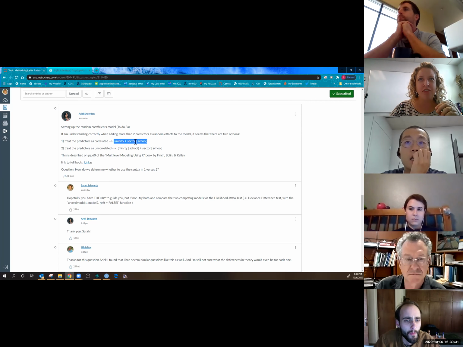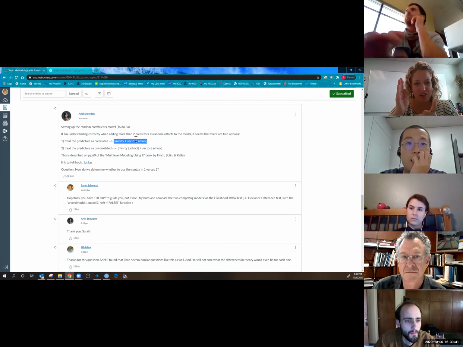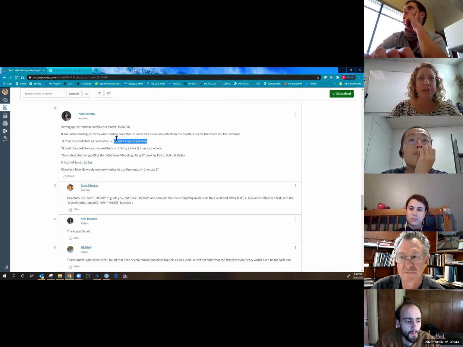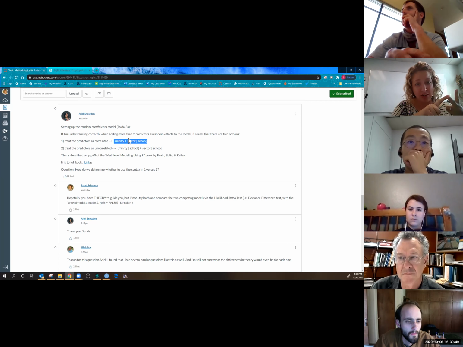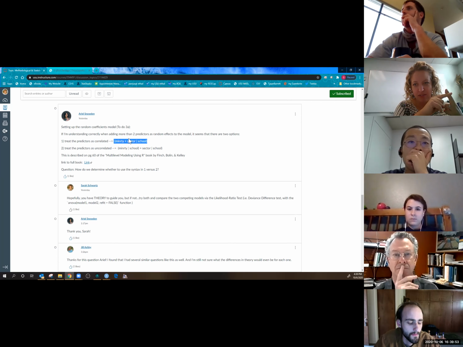So if this word school is in the parentheses, the variables in front of that vertical bar should be different for different people in the school, not the same for everyone in the school. But say we had two variables. Doing it like this lets minority have a random slope, sector have a random slope, and lets those be correlated with each other.